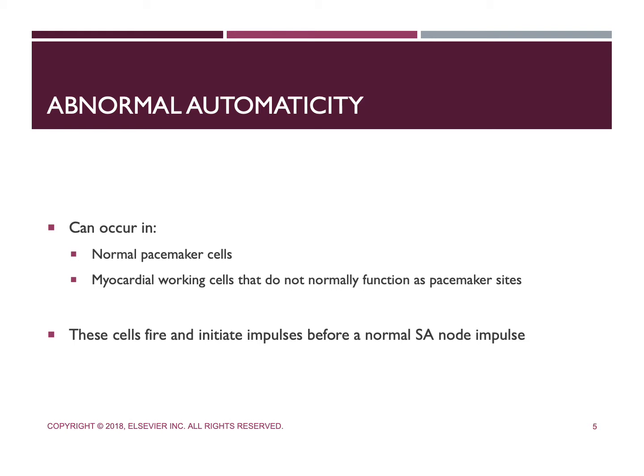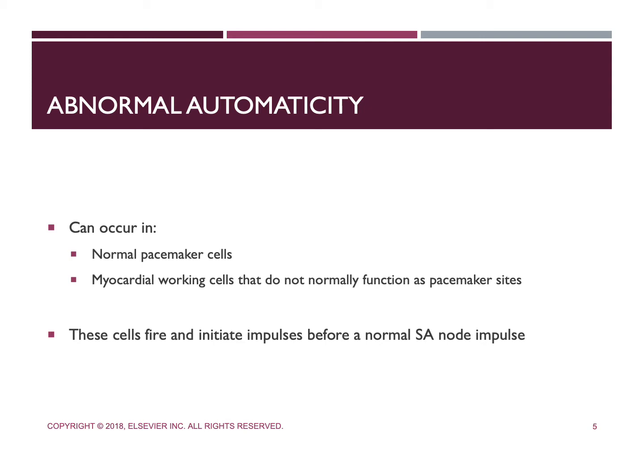So abnormal automaticity occurs in normal pacemaker cells as well as in myocardial working cells that do not normally function as pacemaker sites. With abnormal automaticity, these cells fire and initiate impulses before the normal SA node impulse. If that rapid firing rate occurs for more than 50% of the day, it is said to be incessant.